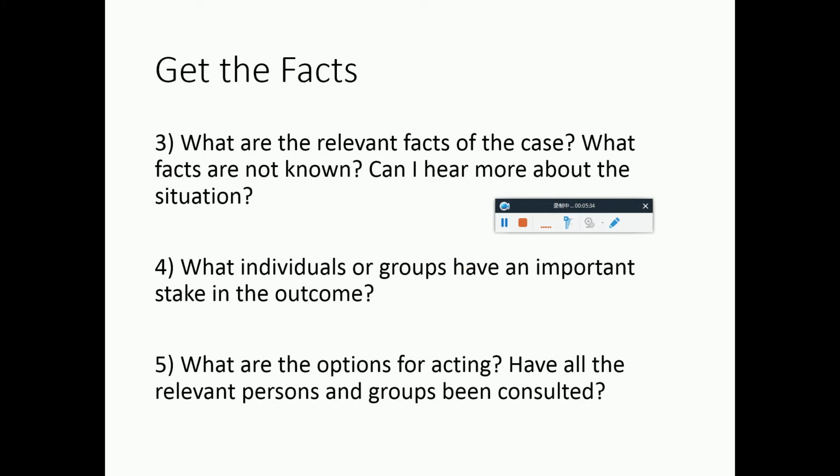Have we consulted all the relevant persons and groups when we're designing specific actions? That is, when we're designing our studies, have we taken into consideration all the groups that will be affected? Have we talked to them? Do we have some basic knowledge or cultural sensitivity towards those people so that we can best design our research practices?